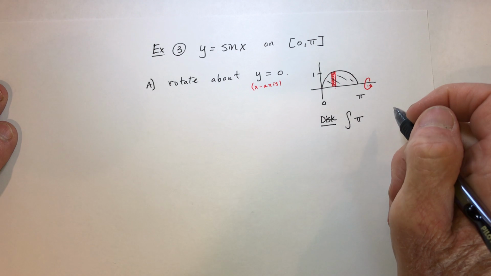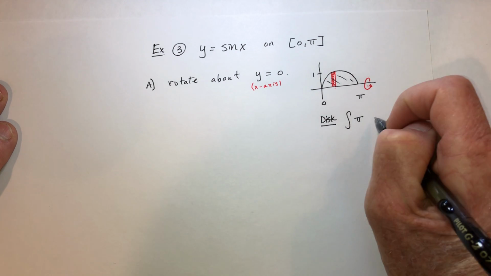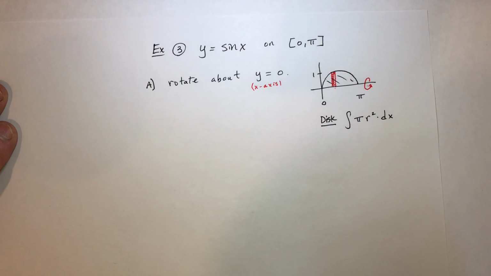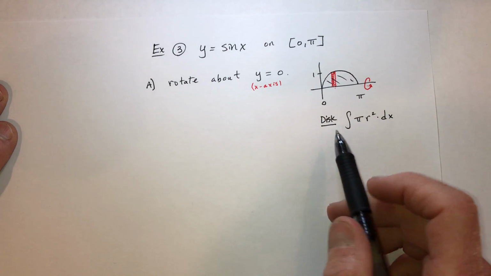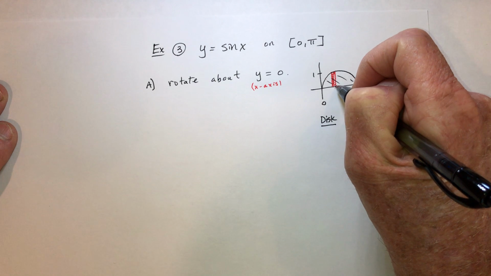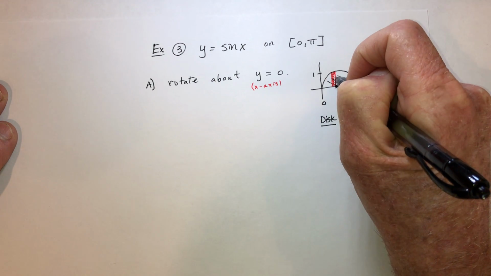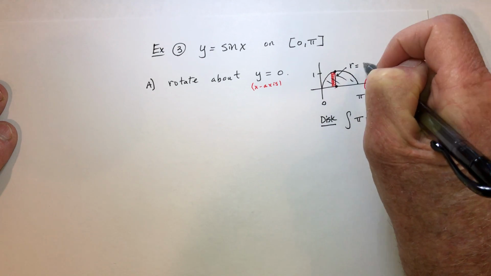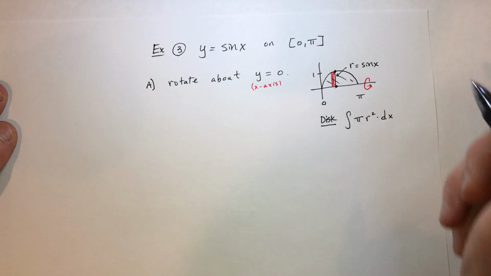And that means that we're integrating pi r squared dx. And with the disk method, the r goes from the axis of rotation to the end of the rectangle. So that means that the radius is equal to sine of x.